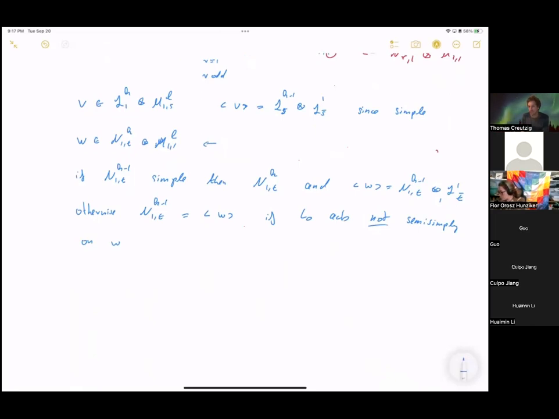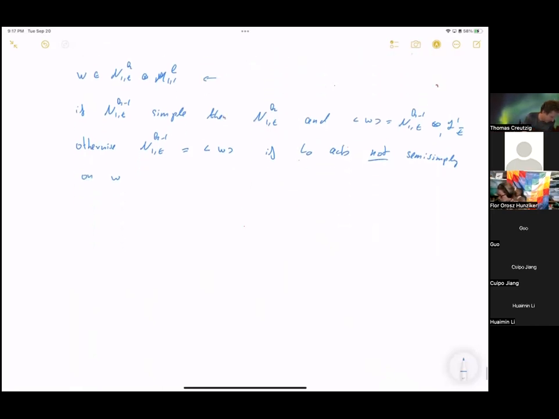But we know we can do that because we have the decomposition formula, and we know this is such a module.